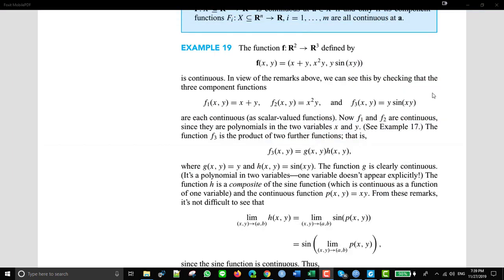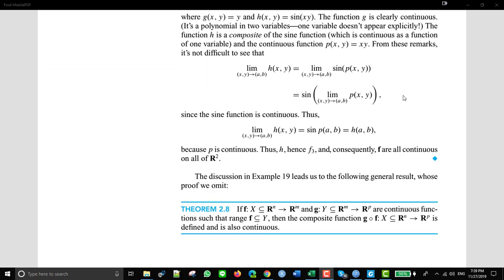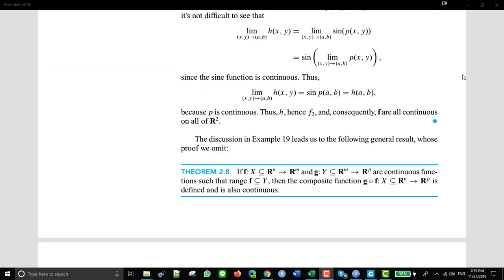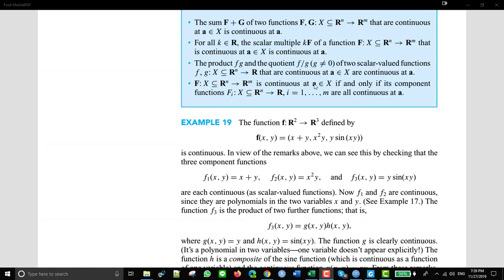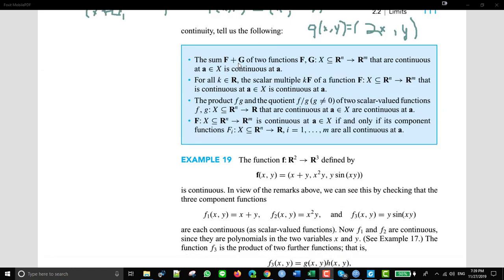So she goes through that, and you can check this. Okay, one more. We talked about up here the sum of two functions. If both f and g are continuous, the sum is continuous. If f is continuous and you multiply it by a scalar, that's also continuous. The product of scalar functions is continuous.